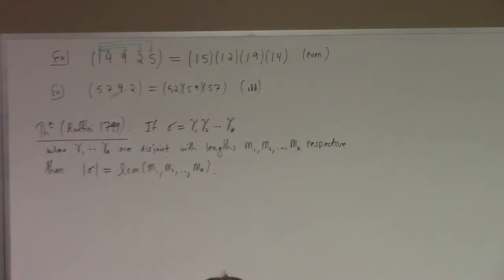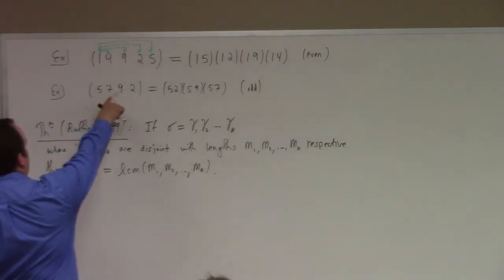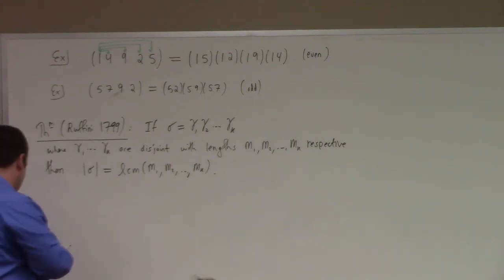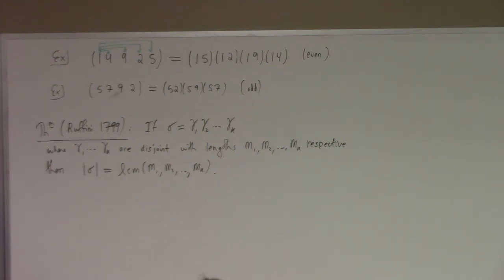What do you mean by lengths? Length 5, length 4, length 2, length 2. But that's a fair question. I don't think I defined that. But that's what it means. A k cycle has length k.